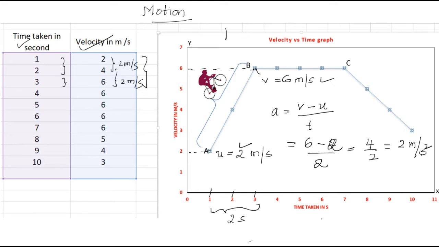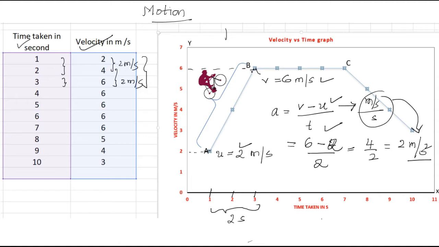Don't forget to write this unit. The SI unit of acceleration is meter per second square, because it is velocity divided by time. The velocity unit is meter per second, divided by the unit of time, second, so together it becomes meter per second square. This is our understanding so far, right?